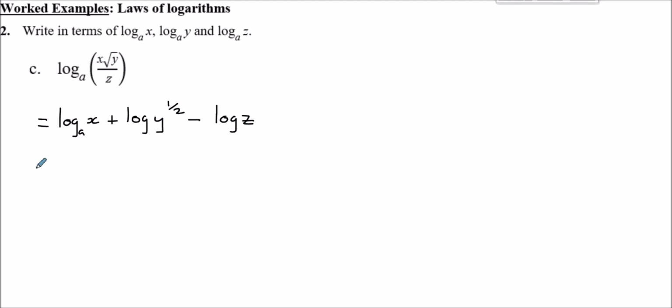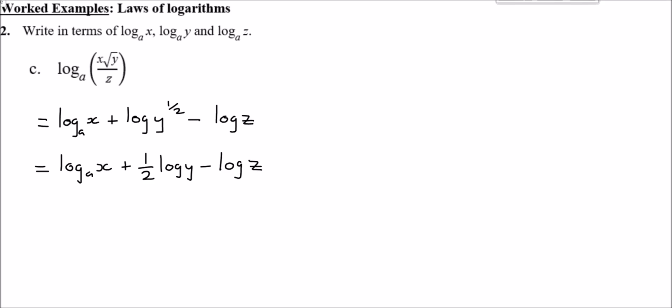So that's the same as log a of x plus half of log y minus log z.